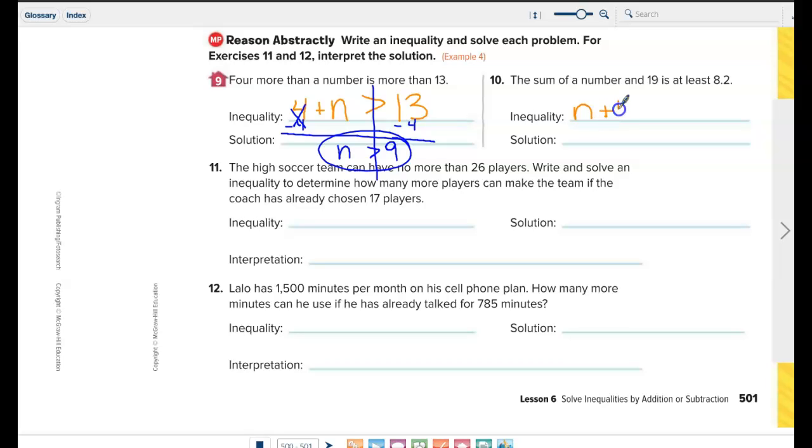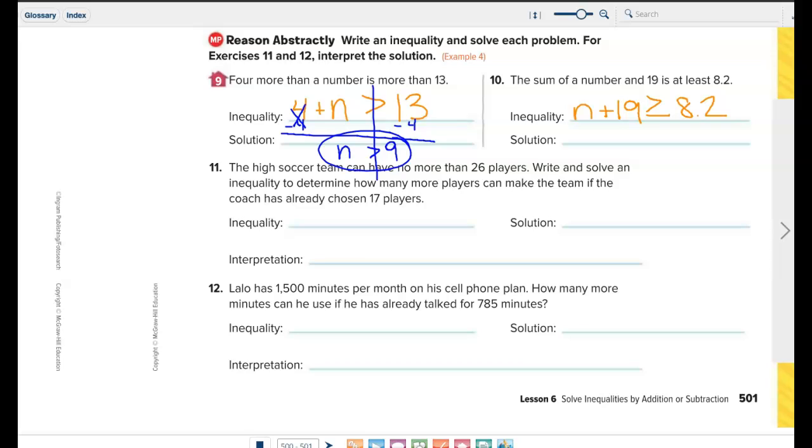The sum of n and 19 is at least. If something is at least, it has to be bare minimum that number, so it could equal that number, or it could be greater than that number. So there's our sign, 8 2/10.